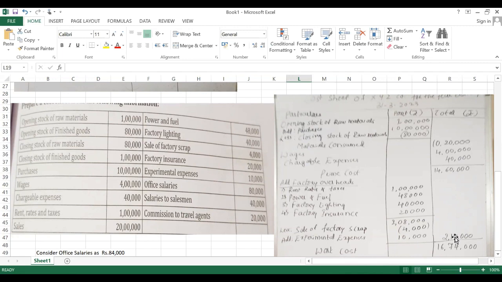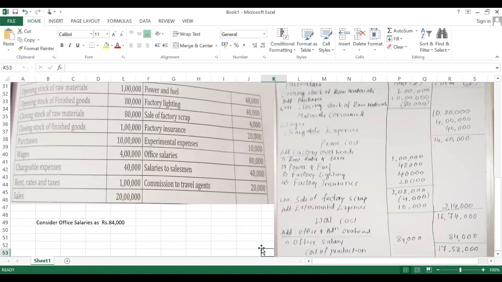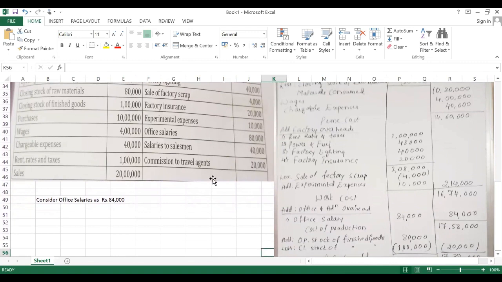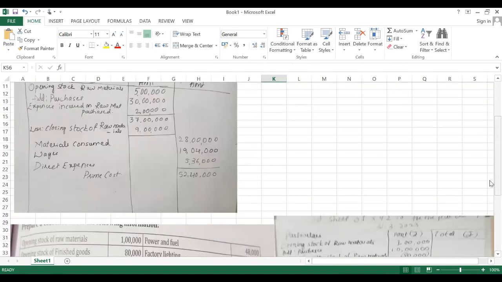Add it. Okay. Once you add the prime cost and the factory overhead, you will get the factory cost or works cost. Fine. Okay, there is one adjustment here. Office salary, they have mentioned 80,000, but consider it as 84,000. Fine. So next is office and administration overhead.